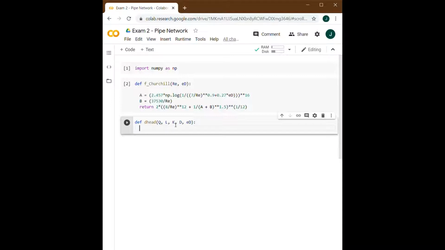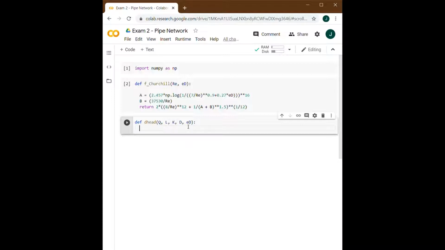First thing we need is our flow rate, and this equation is going to look like negative Q, negative flow rate, times K plus 4 times our friction factor times the length of the pipe, divided by the diameter of the pipe, times our velocity squared over 2, all over G. So we have Q, flow rate, L, length, K, our constant, D, our diameter, and ED, our internal roughness. Those are going to be inputs into this function.